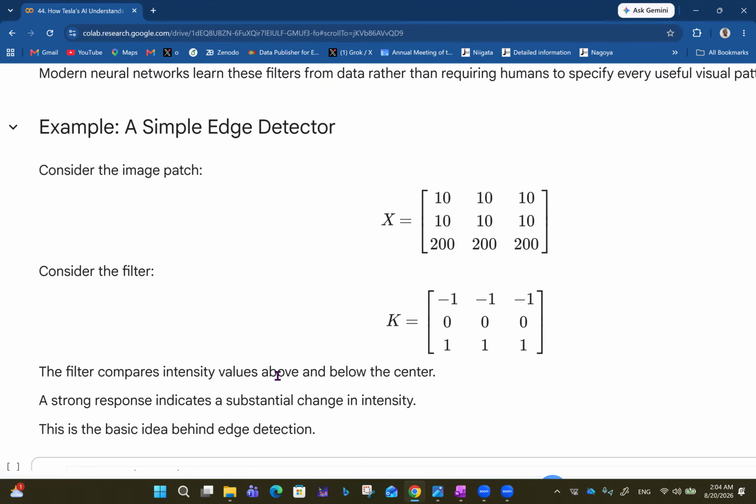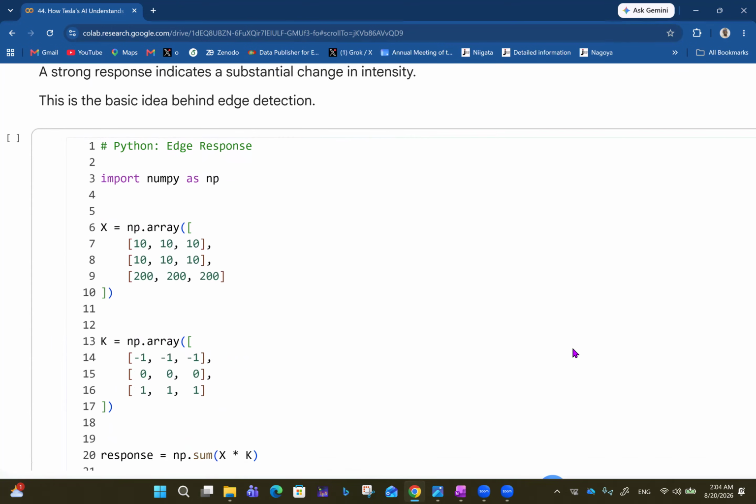The filter compares intensity values above and below the center, negative and positive like that. A strong response indicates a substantial change in intensity, and this is the basic idea behind edge detection. You can see all these zeros in the middle. We don't care about those. It's more about the top and the bottom, so we want to see what's really happening in those places.